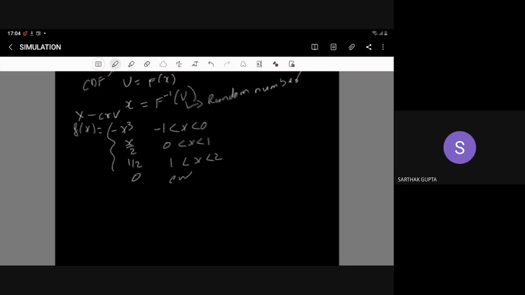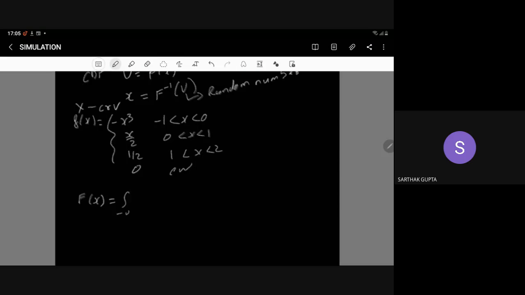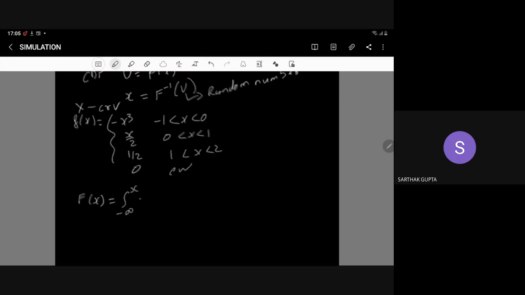So when we have this fx, in the very first class I gave you the idea of how to compute the CDF from the PDF. What is the basic definition of the CDF? It is the integration from minus infinity to that point, the accumulation of probability up to that point, of fx with respect to x.